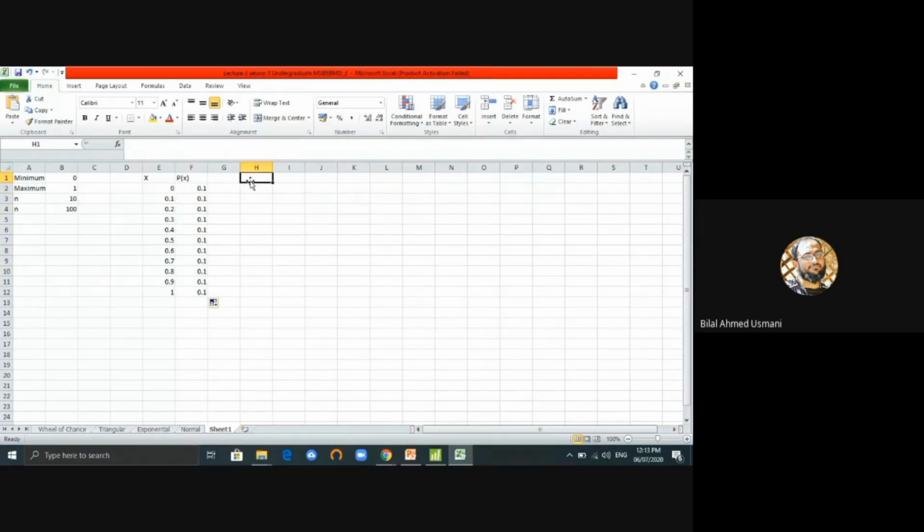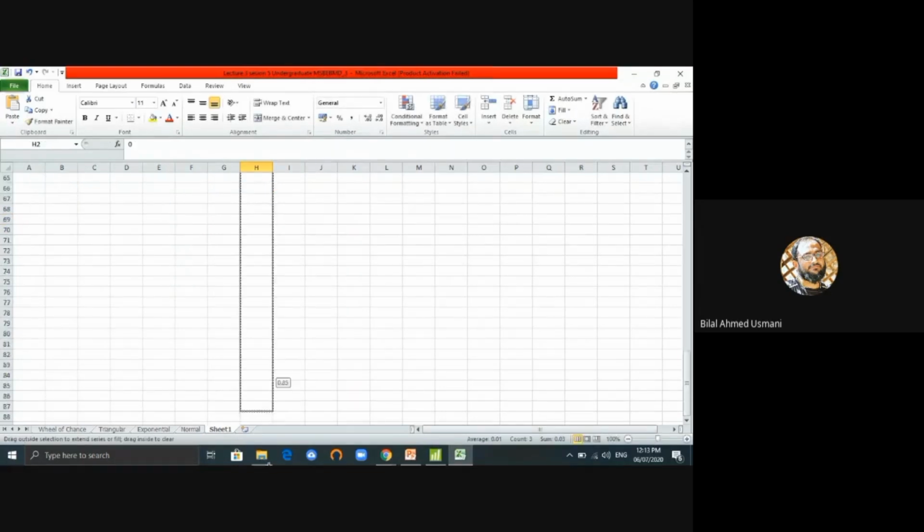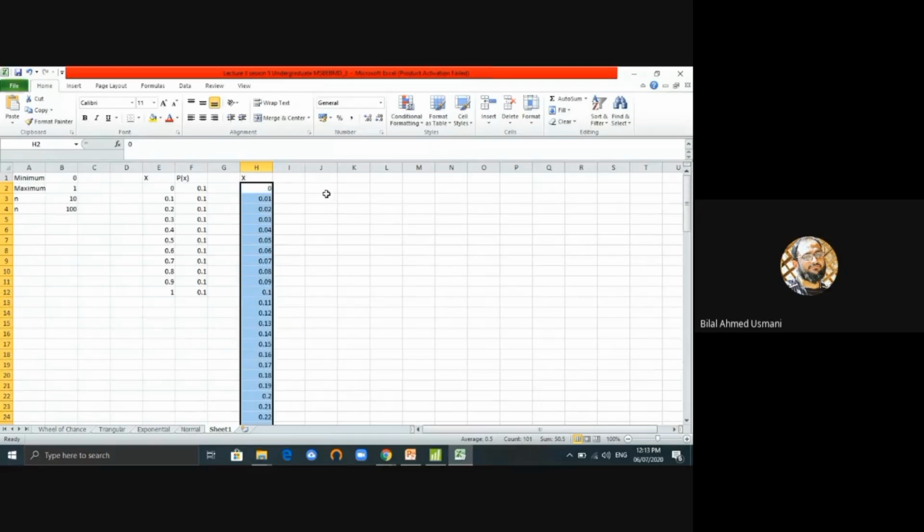When n is equal to 1000, then how many random variables could be defined between that? That would be 0.01, and then 0.02, and I have to move on until I reach 1. So what is the probability of each occurrence?